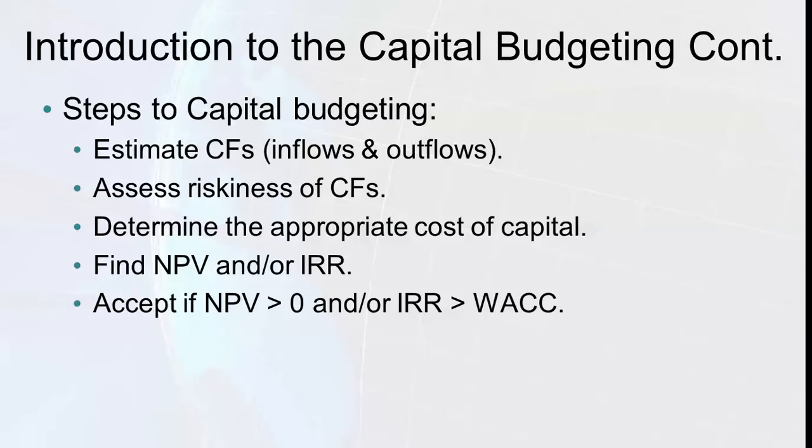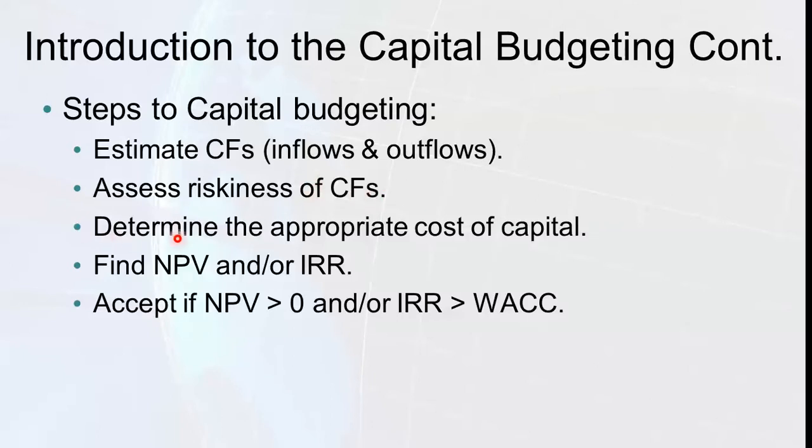How do you do capital budgeting? So first of all, you're going to estimate cost and benefit of the project. Okay, so you estimate cash flows, basically cash inflows and outflows. And you assess riskiness of cash flows.